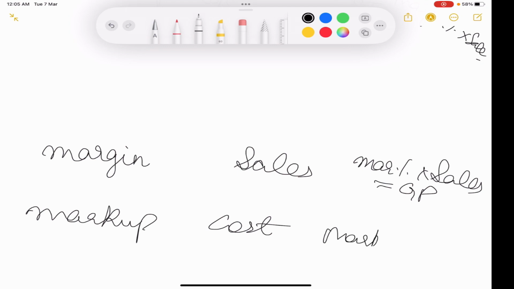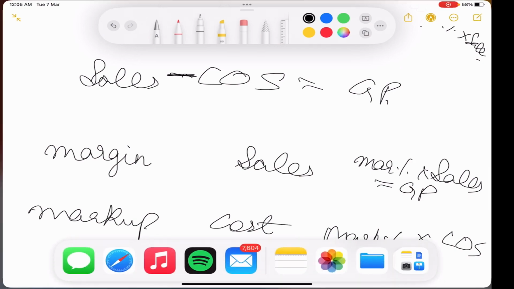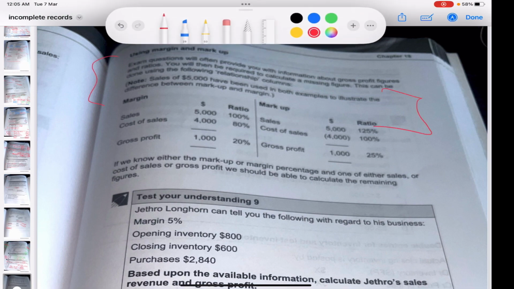Markup percentage into cost of sales will give you GP. And sales minus cost of sales will give you GP. Okay, no doubt. Very simple. Again, same thing over here. This is the ratio. You can just ignore it.